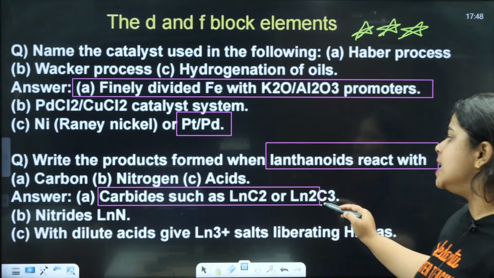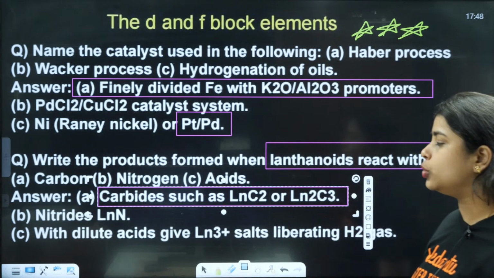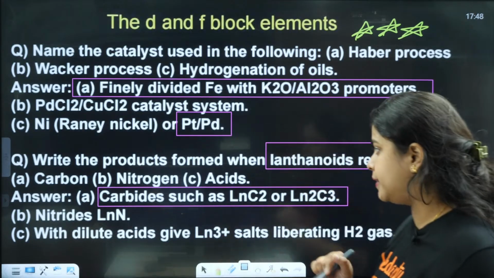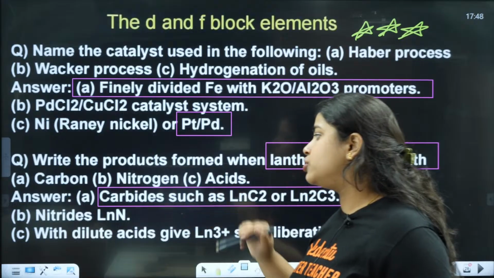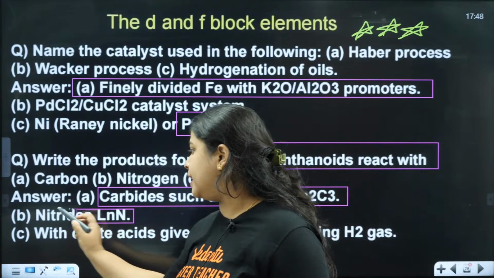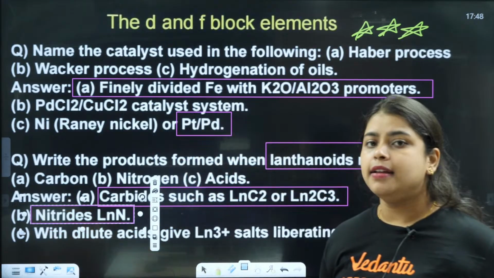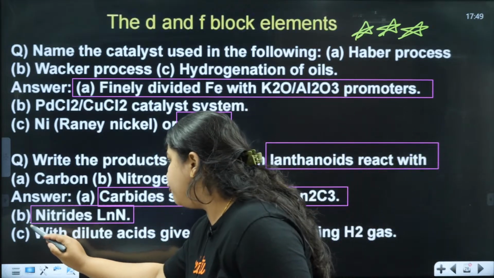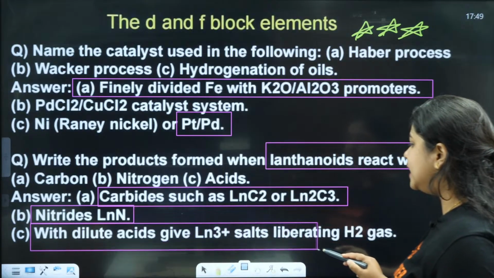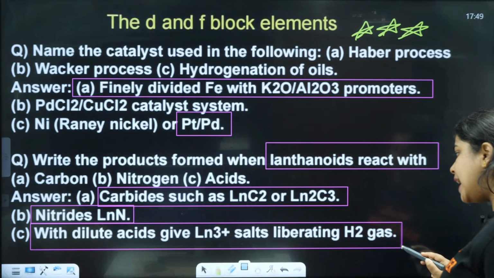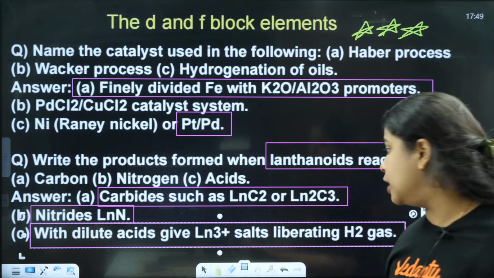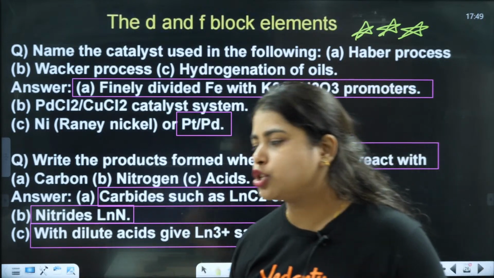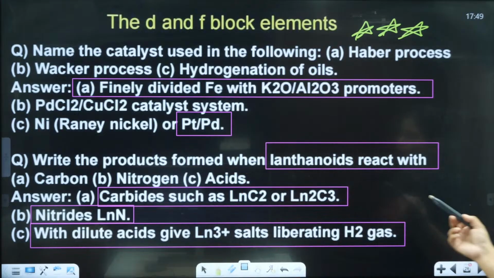Carbides such as LnC2 or Ln2C3 are formed. If they react with nitrogen, LnN is formed. If they react with dilute acid, it gives Ln3+ salts, liberating H2 gas.